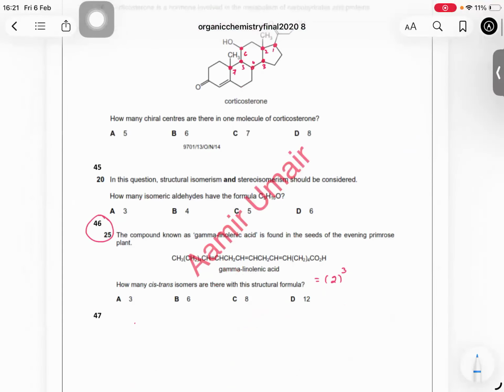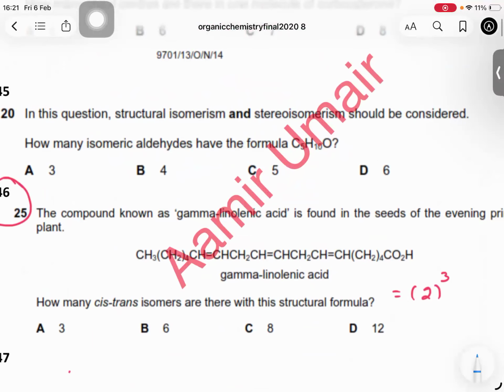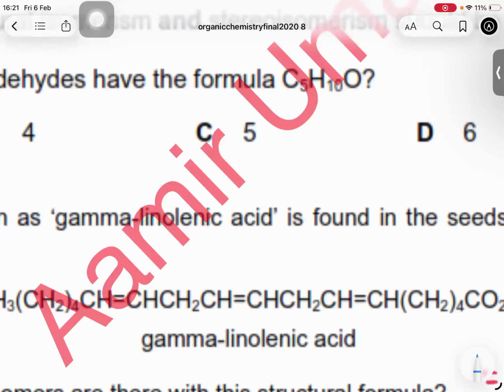Okay, the next is: how many isomeric aldehydes have the formula C5H10O? Please give it a shot. Only aldehydes.